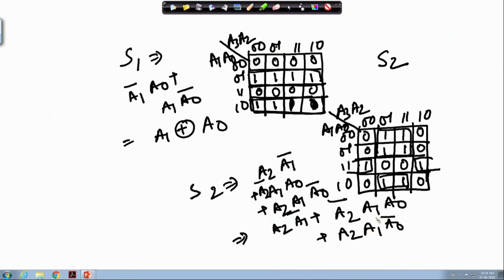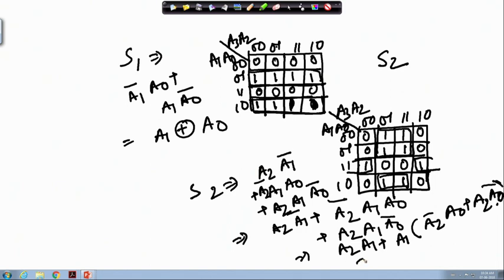Now again, if I make these things common here, then what I can write is A2 A1 plus A1 into A2 bar plus A0 plus A2 into A0 bar.